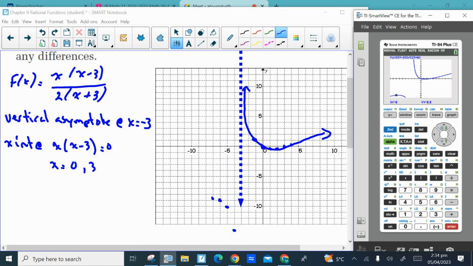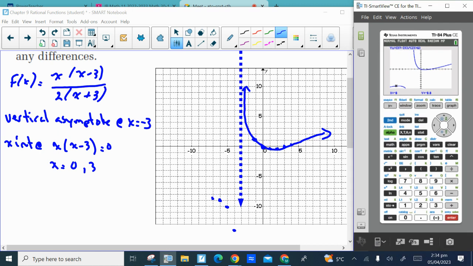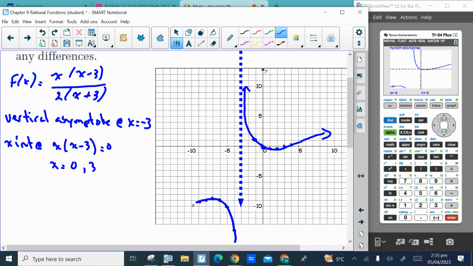Negative 8, negative 8.8 it looks like, or approximately a little bit higher than negative 9. And if we do negative 9, y is negative 9. So this gives us what the graph looks like, something like that.